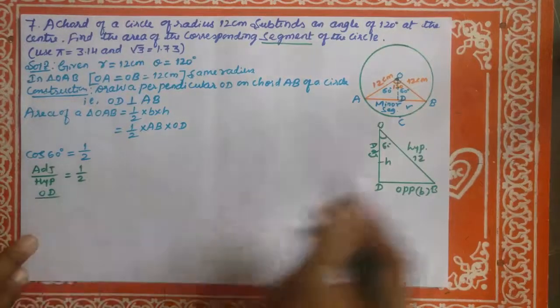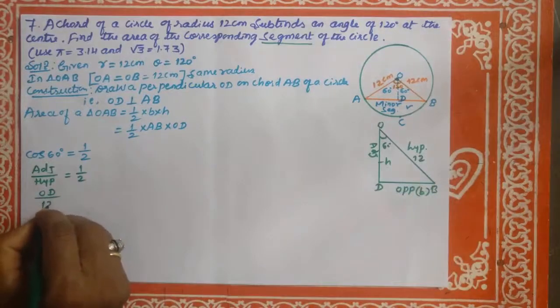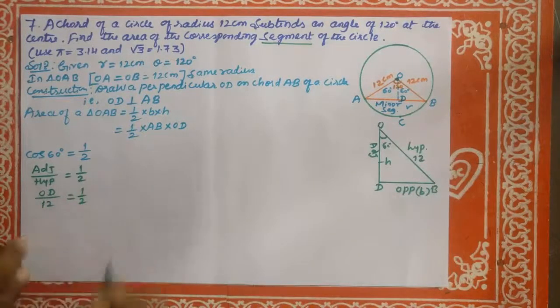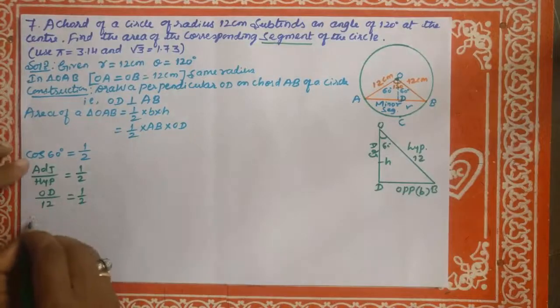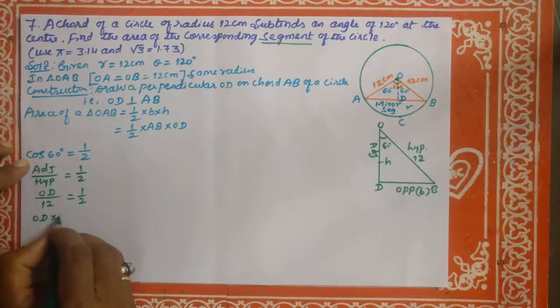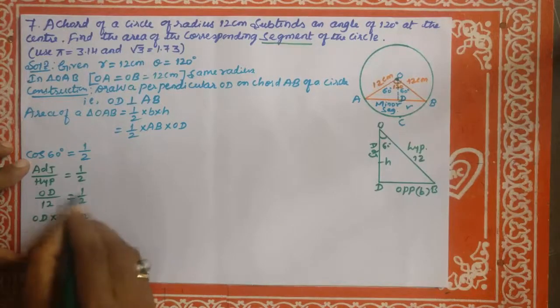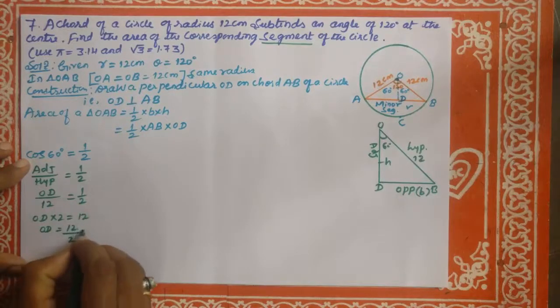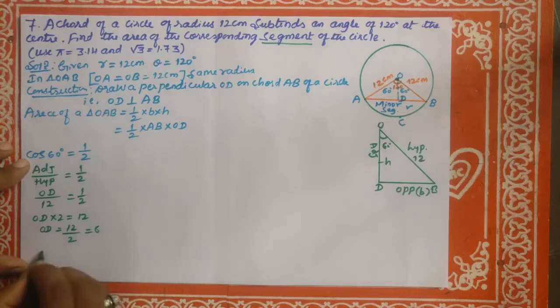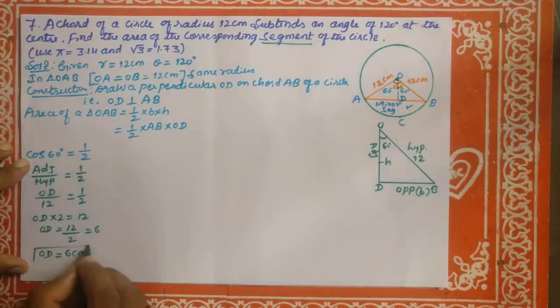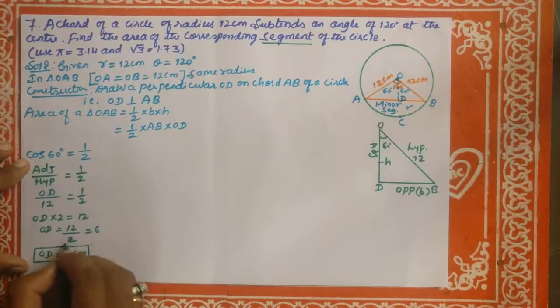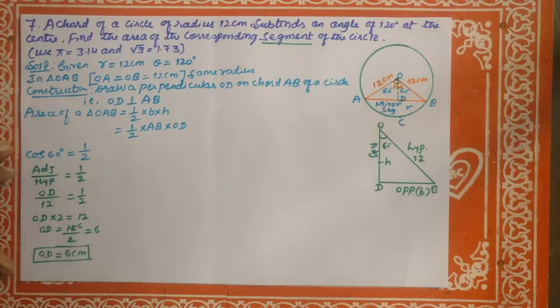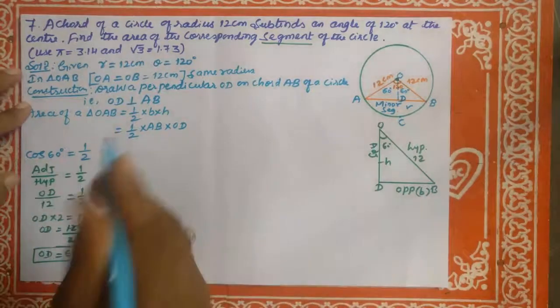So OD divided by hypotenuse 12 centimeter is equal to 1 by 2. By cross multiplying, OD into 2 is equal to 12. Therefore, OD is equal to 12 divided by 2, which is 6 centimeter. Now I will apply sin 60 degree.